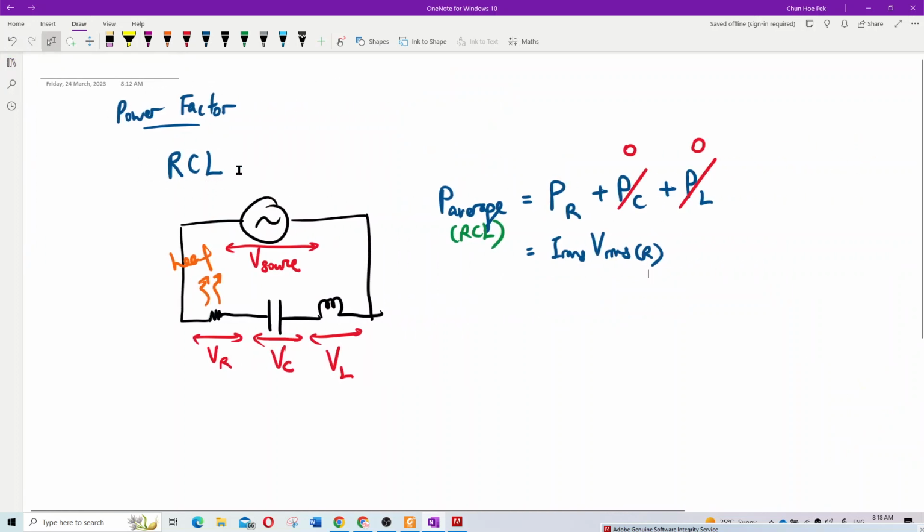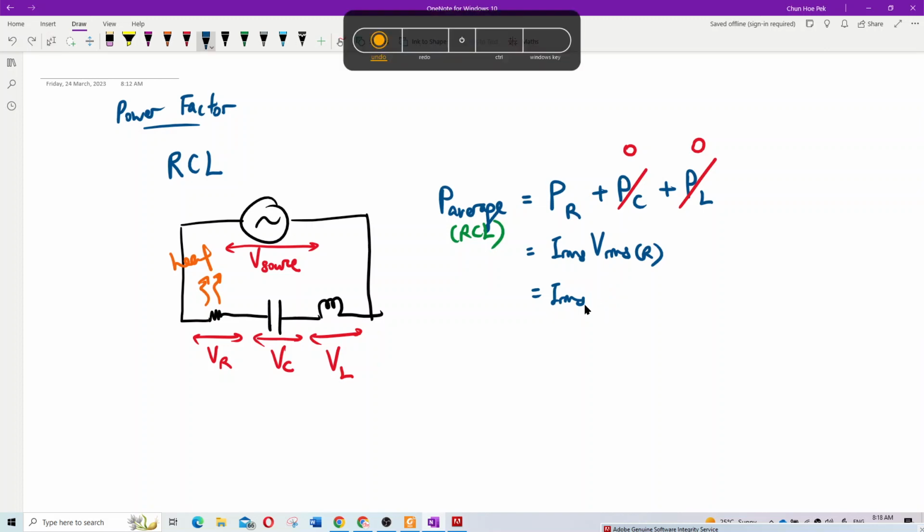We are using an RCL circuit. In an RCL circuit, you cannot say that P average is IRMS VRMS.